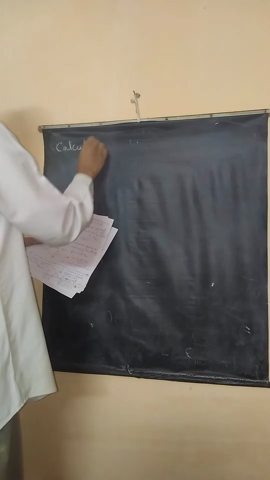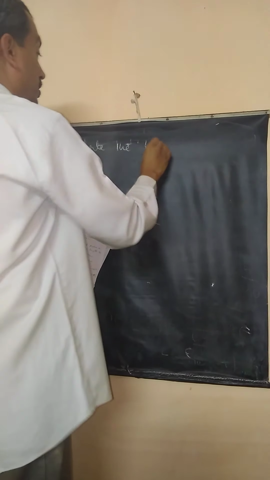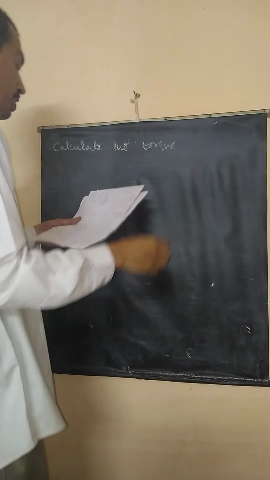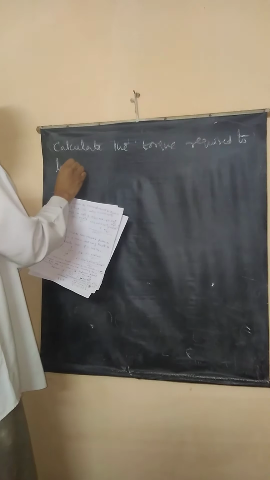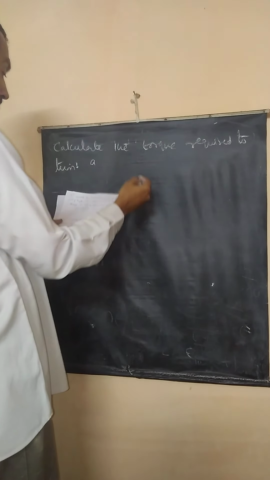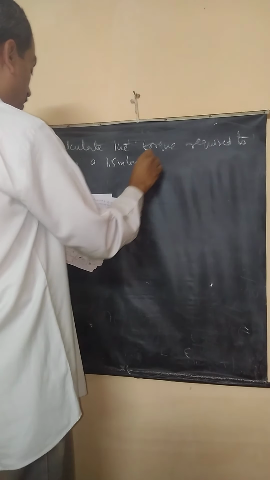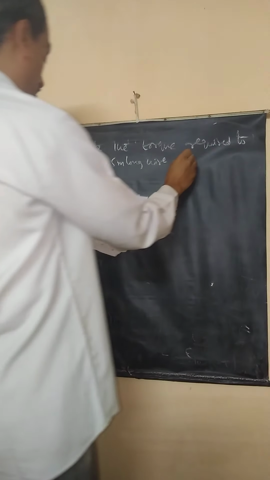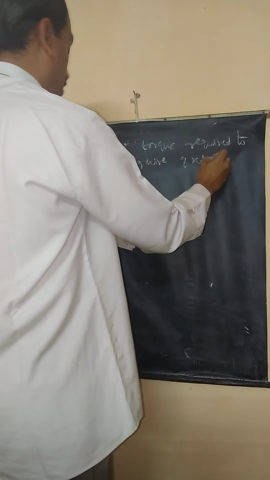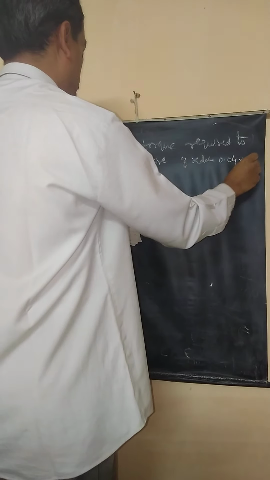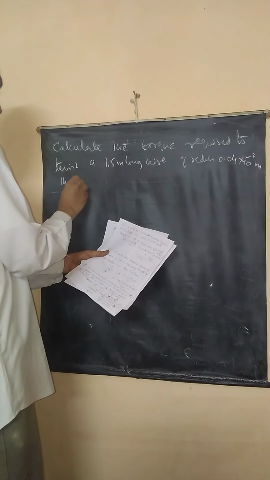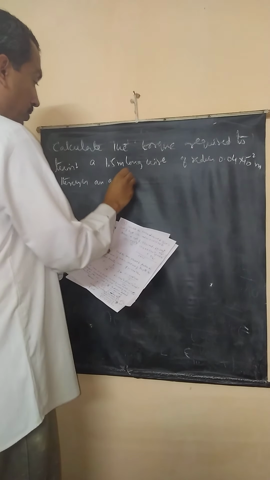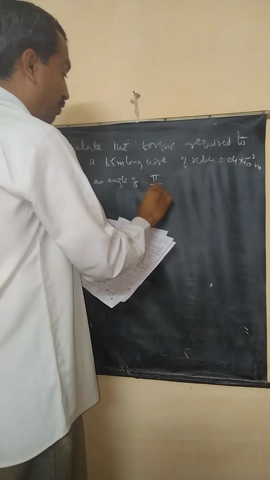Calculate the torque required to twist a 1.5 meter long wire of radius 0.04 into 10 power minus 2 meter through an angle of pi by 45 radian.